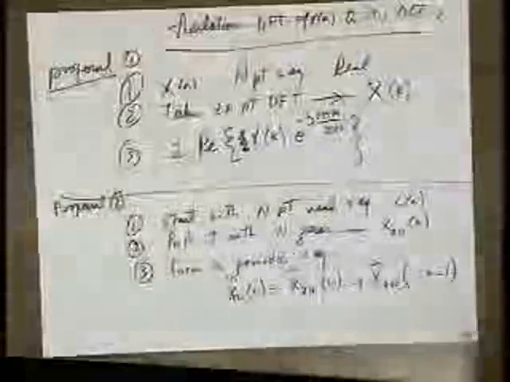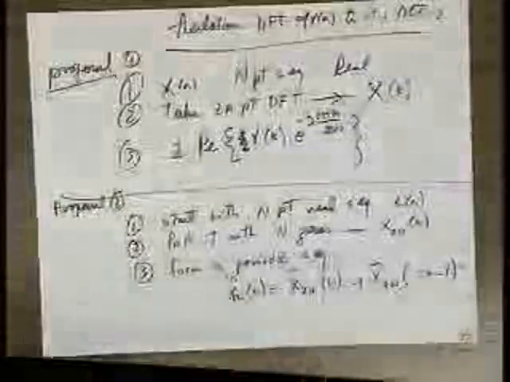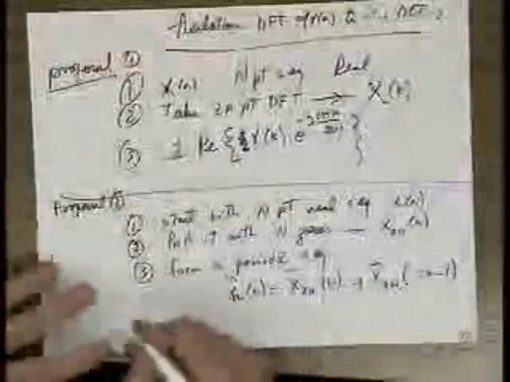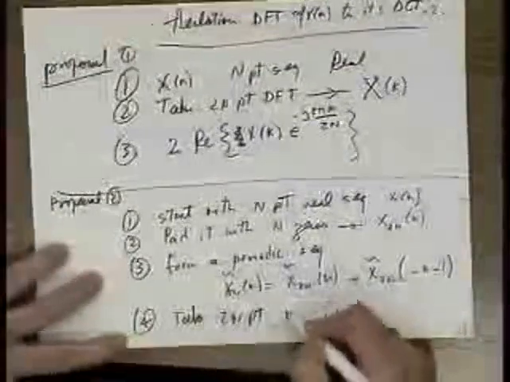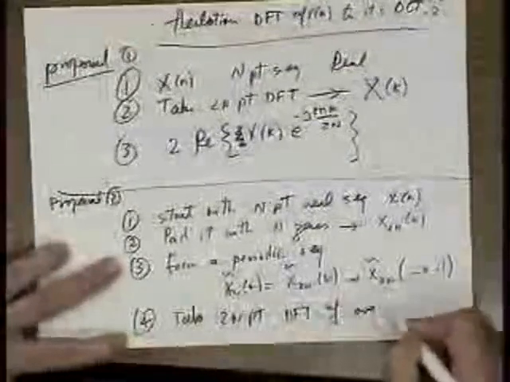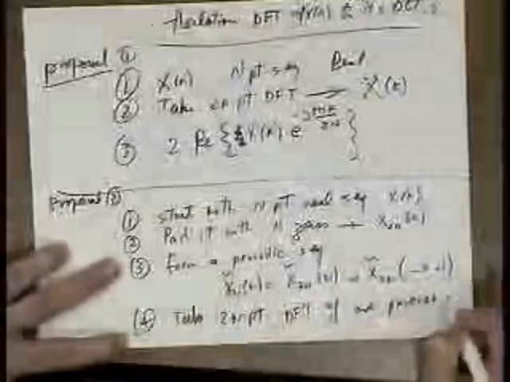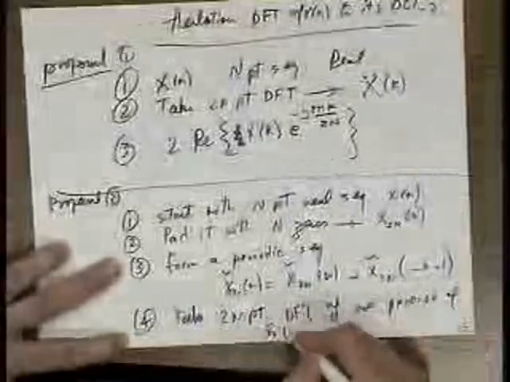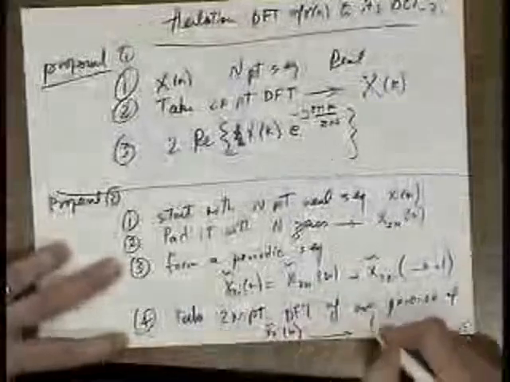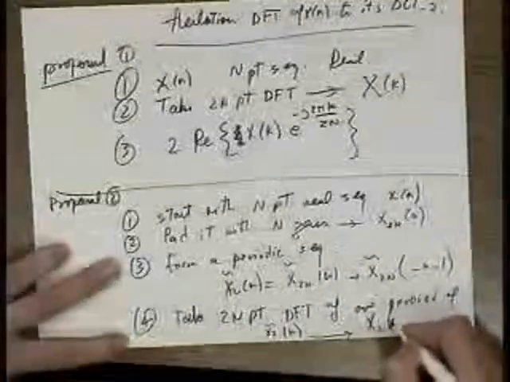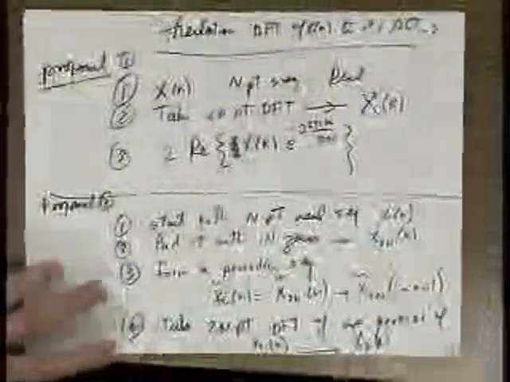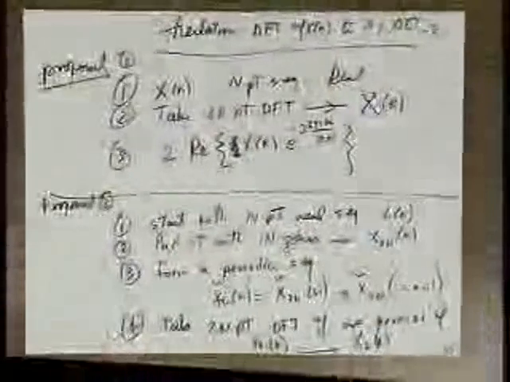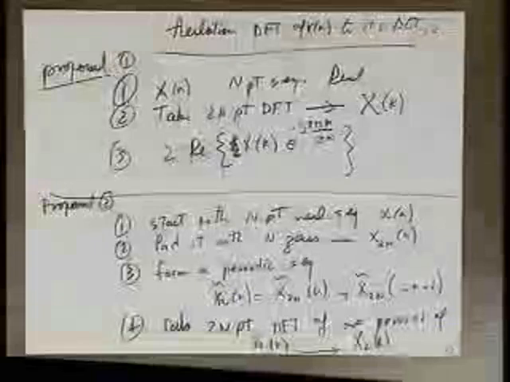And then the next step, step 4, is take the 2N-point DFT of one period of x2 of n tilde. And that's X2 of k. And then that we relate to DCT. So those are 2 ways that DFT is related to DCT, and I'll prove these on Friday's lecture.